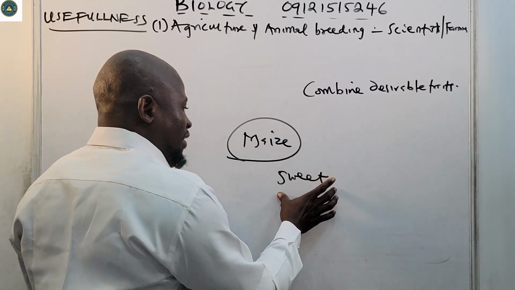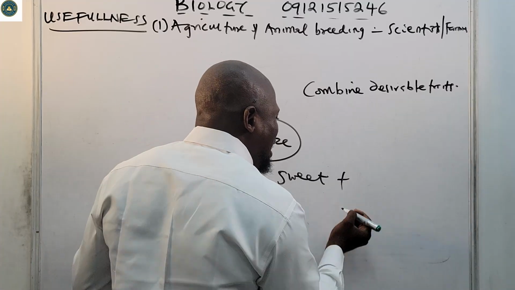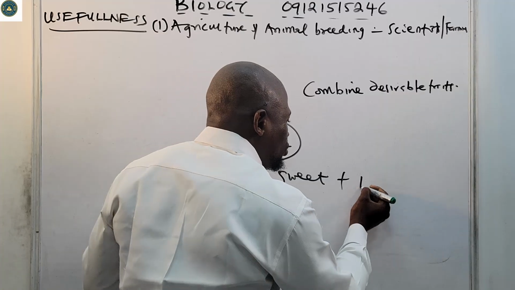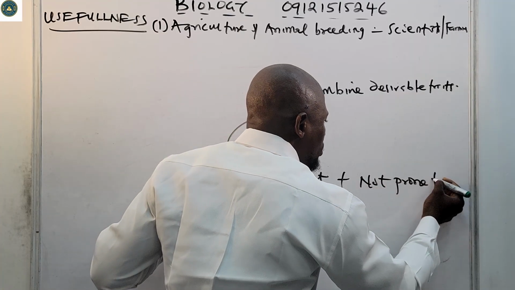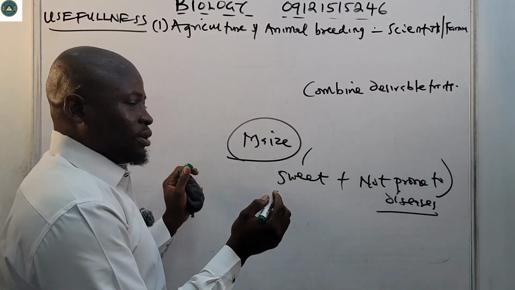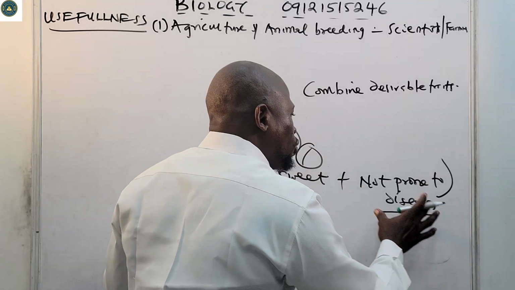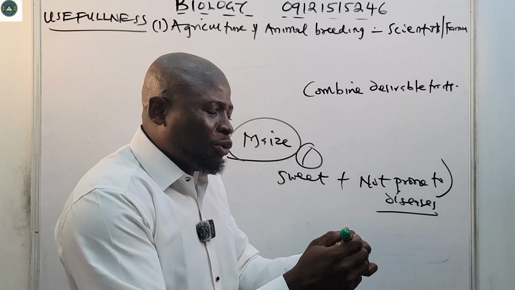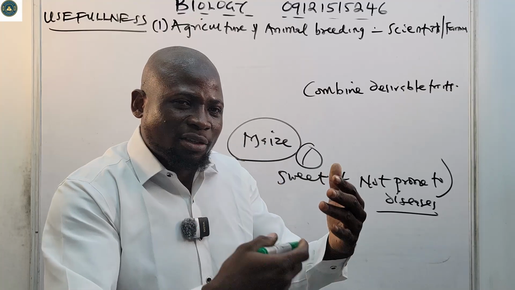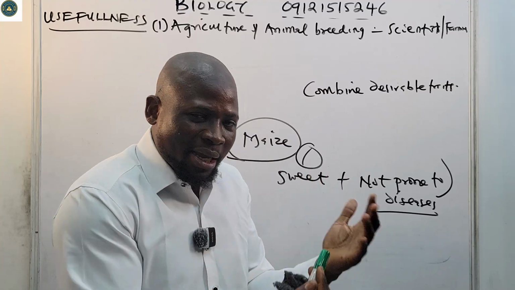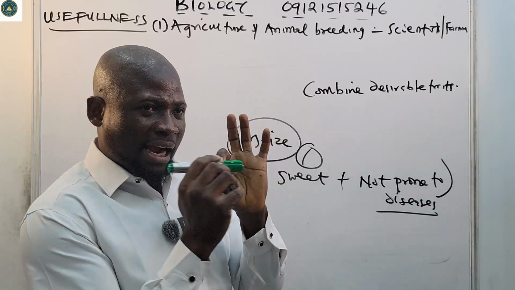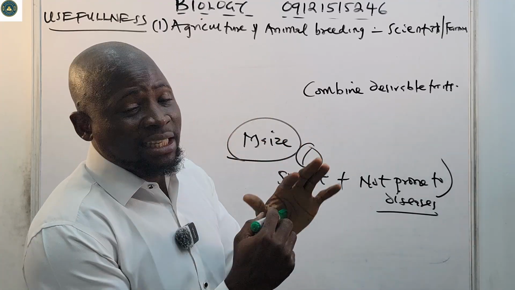So a farmer can combine a sweet maize plus a maize that is not prone to diseases. This one is one trait, this one is another trait. So it's sweet, and it is not susceptible to disease. So you can now interbreed them together to give us a better quality of maize, that is sweet and not prone to disease. So it helps agriculturists and scientists.